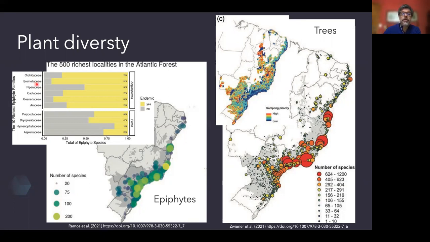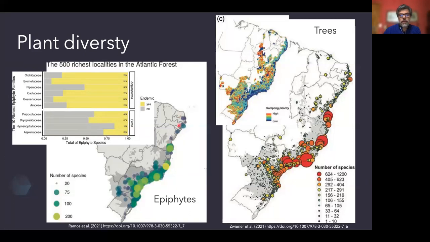Then you see the number of species endemic to the Atlantic forest: for bromeliads, more than 91% of them are endemic. For orchids also, almost 80% are endemic. The ferns are usually not endemic.